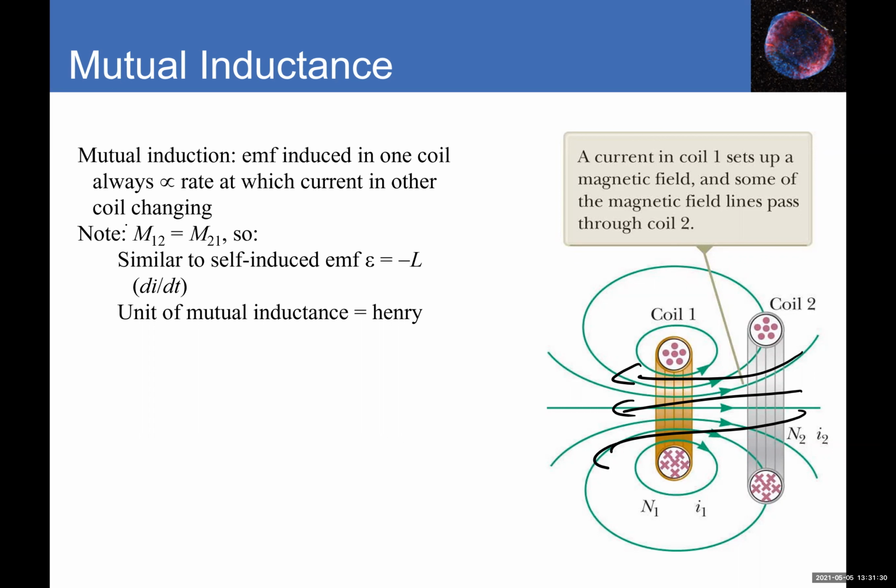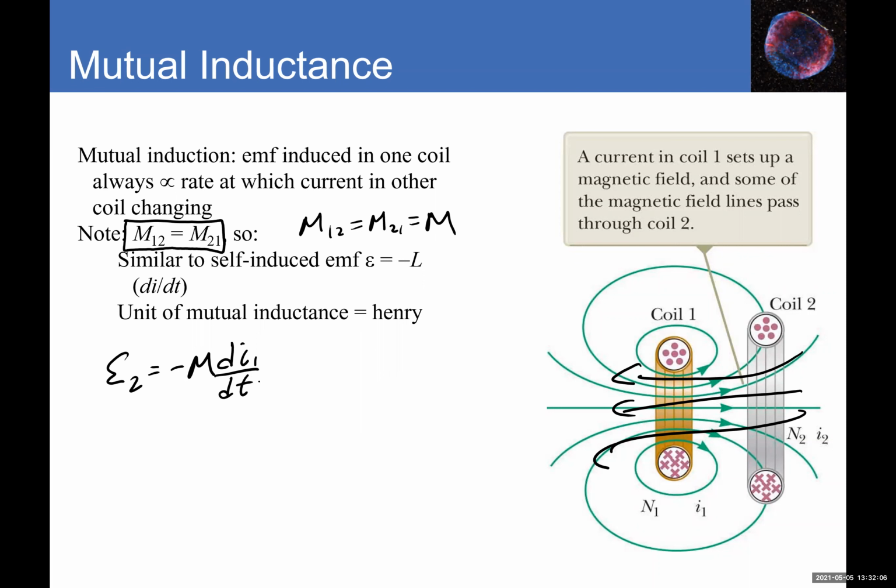If we look at the mutual inductance M12 and M21, the mutual inductance of coil 1 and coil 2 is exactly the same as coil 2 and coil 1. So EMF2 is equal to negative M12 or M21. Technically we can just drop the subscript. We can say M12 equals M21 equals just M, the mutual inductance. So this is negative M times di1/dt.